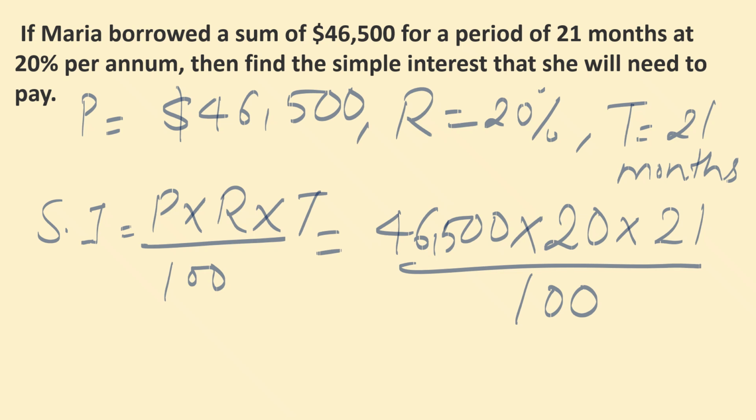So for per year she is paying 20. In 1 year we are having 12 months, right? So we will also divide this with 12.